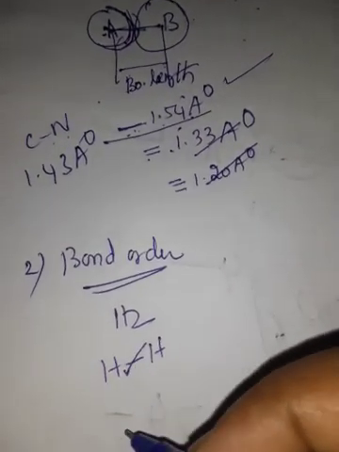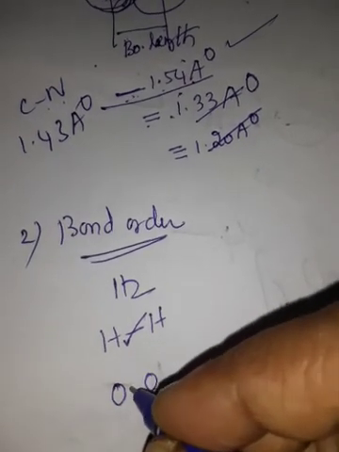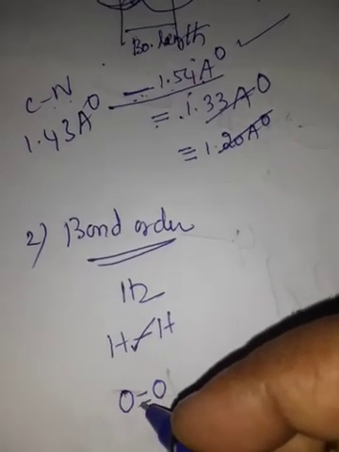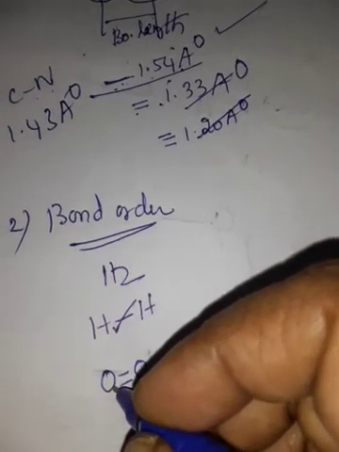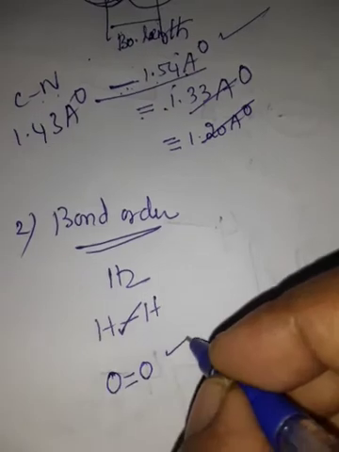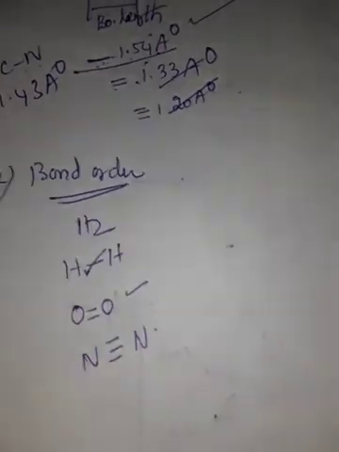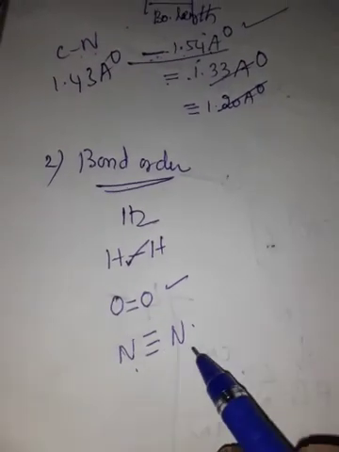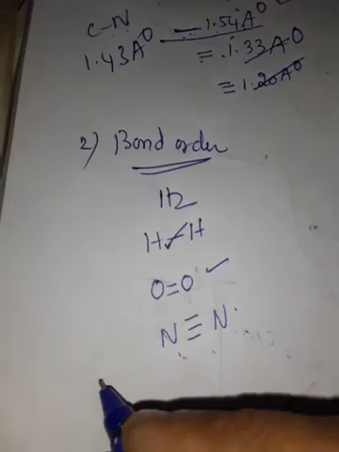So it is called a single bond. If you take oxygen, it is covalently double bonded because 4 electrons are shared between them. So it has a double bond. If you take nitrogen, it is a triple bond. So the number of bonds formed between the two bonded atoms is called bond order.